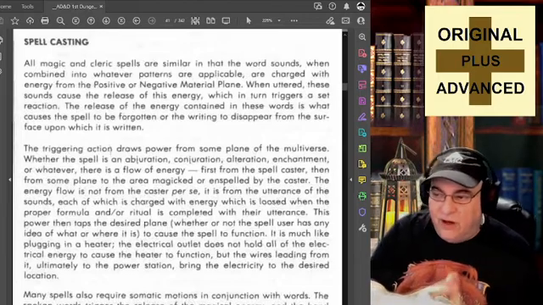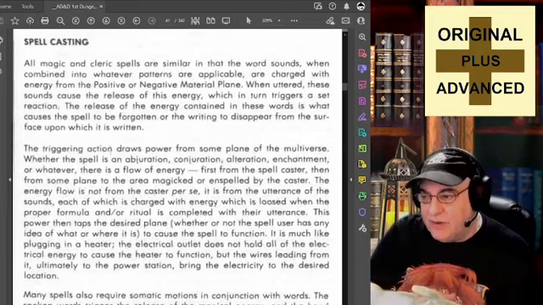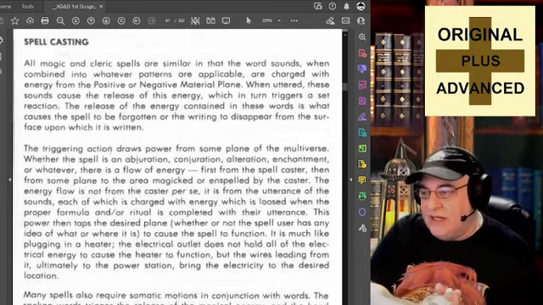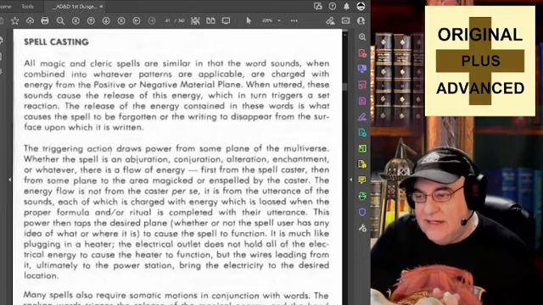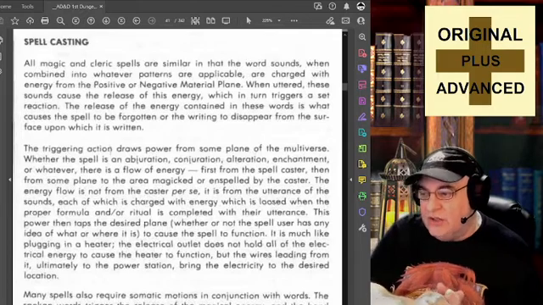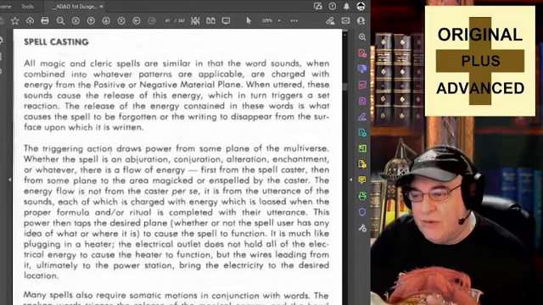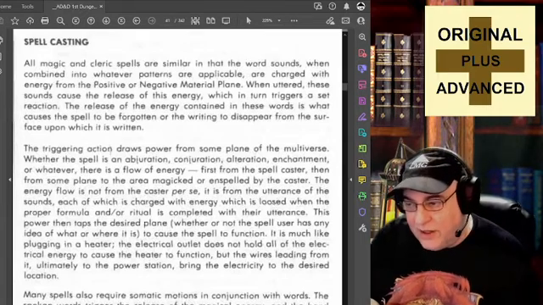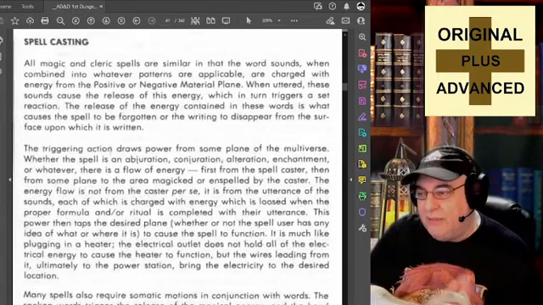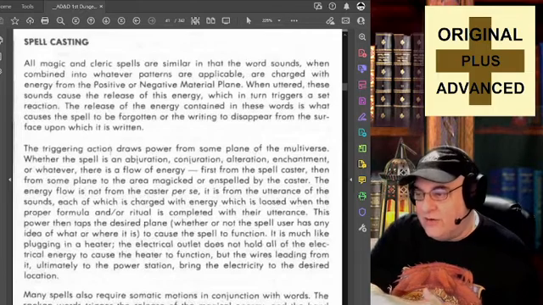The energy flow is not from the caster per se. It is from the utterance of the sounds, each of which is charged with energy, which is loosed when the proper formula and or ritual is completed with their utterance.